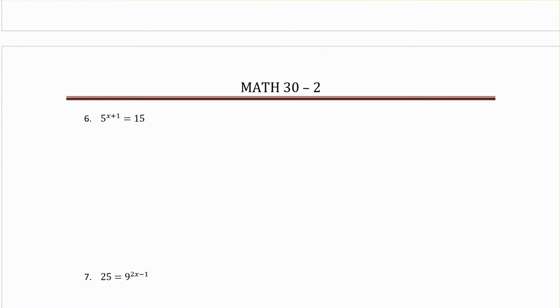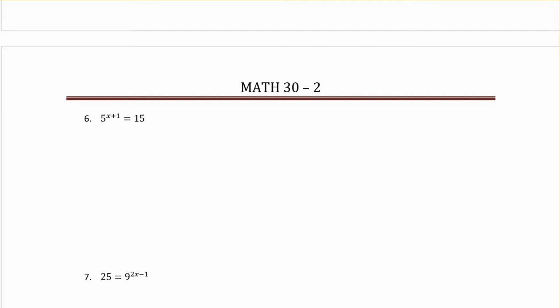I'll give you a hand with number 6 here because it's something that's a little bit new. So we're pretty good to go right now. We don't need to move anything first. First, right off the bat, we can just take a log of both sides. So I'm going to do that. The goal here is I need to get x out of the exponent, right? It's hard to find the exponents there.